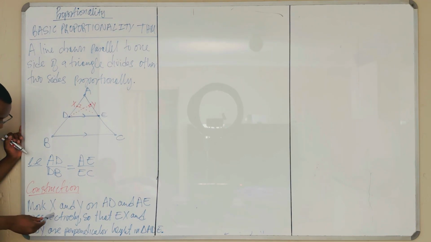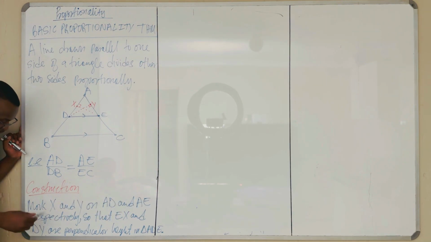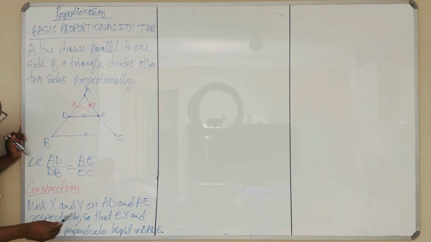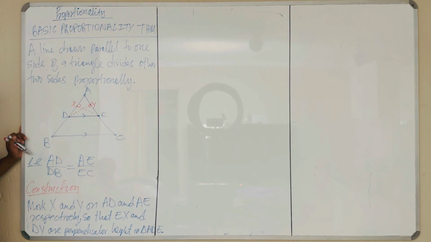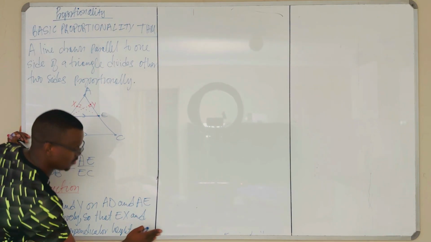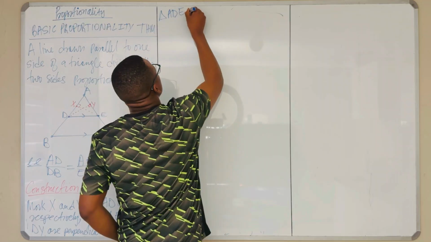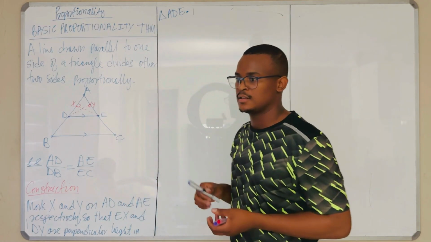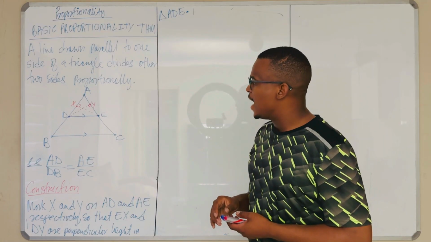So that your EX and your DY are altitudes, so EX and DY are perpendicular heights in triangle ADE. I'm not sure if that makes sense. Yes. Then, what else?